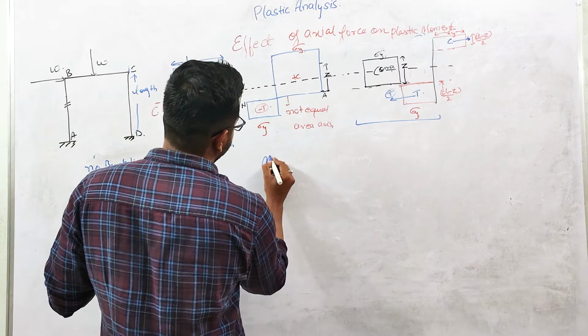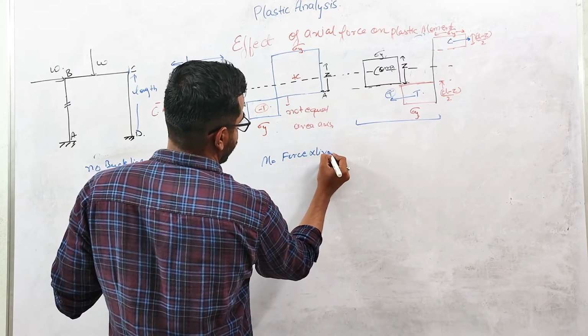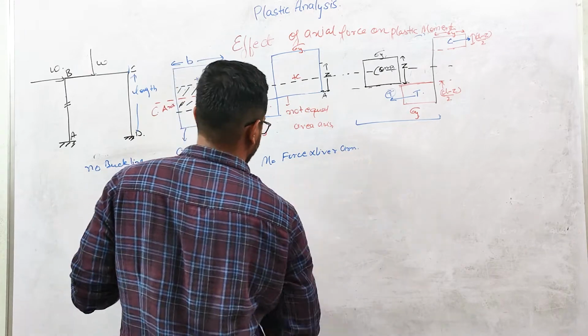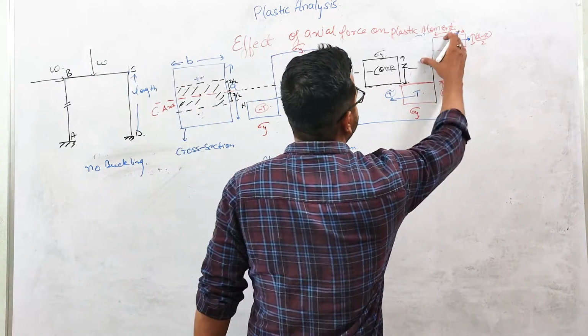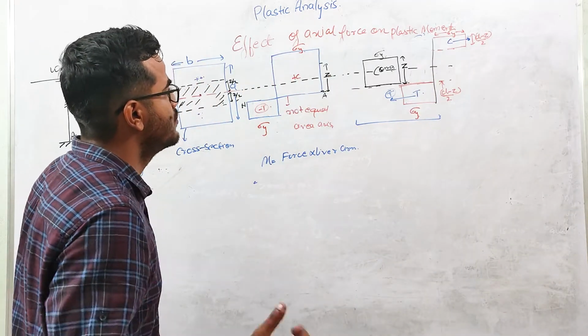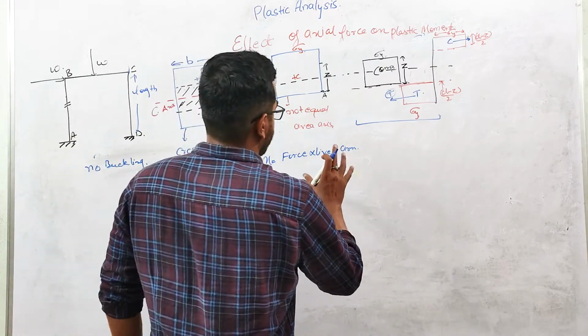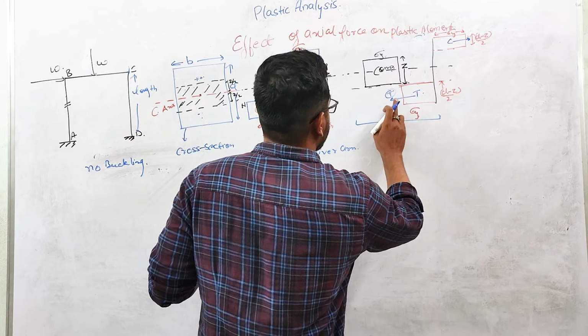So moment will be equal to force into lever arm, right? The force will be the same for both, as already discussed; the stress distribution is symmetrical. So what is the total force?